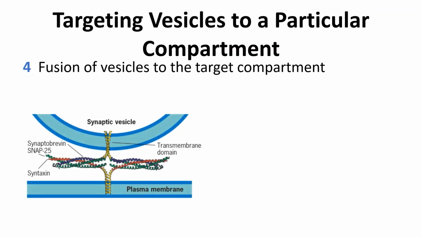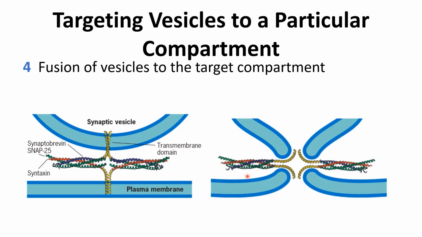So here are the detailed steps. We can see here a different style of drawing for the SNAREs. Remember, these are the docking proteins. The SNAREs connect together, the V-SNARE and the T-SNARE, and they stretch or pull away in opposite directions, causing the membrane of the vesicle to merge with the membrane of the target.